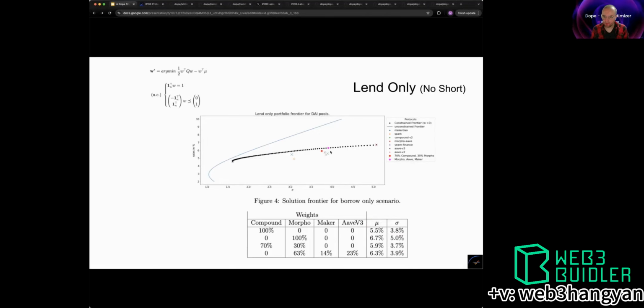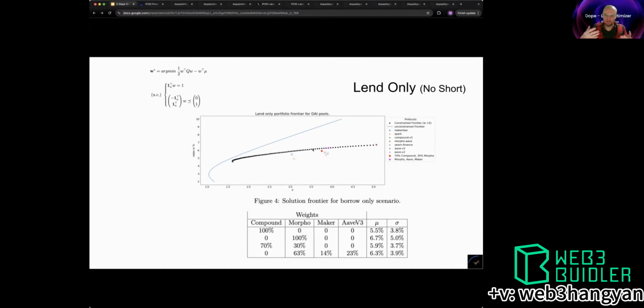In a way, this purple or pink portfolio would be an optimal one for a particular risk. If you want to decrease, there is a portfolio.